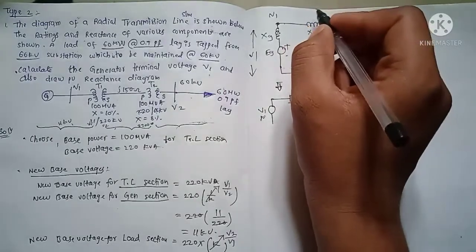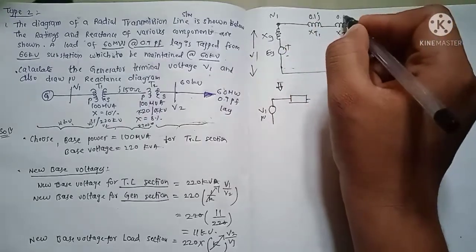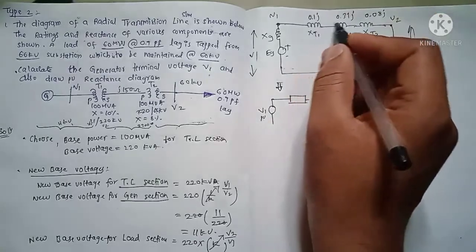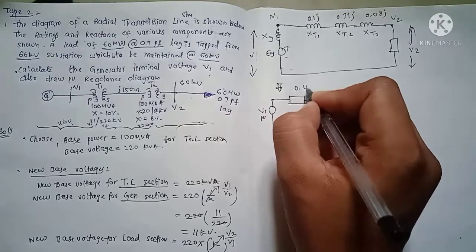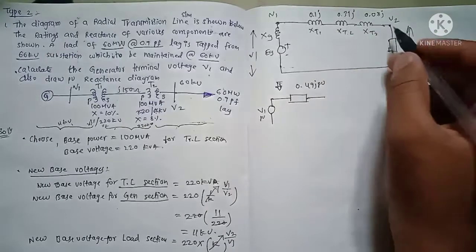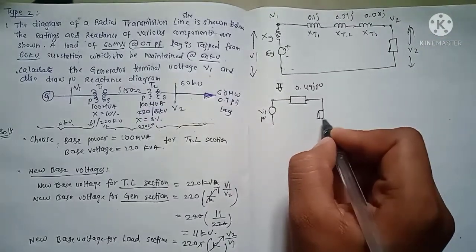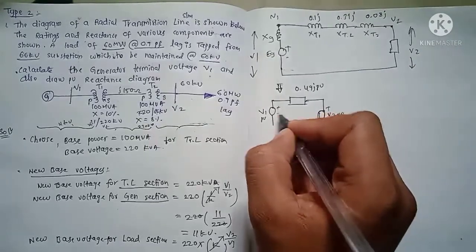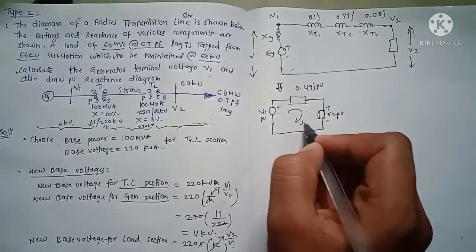From the calculation we got 0.1j for this, 0.31j, and 0.08j. After adding all of these, we get 0.49j pu in total. And we connect a load impedance, take it as a voltage source, that is v2 pu, plus minus, and just take one current flow, I pu.